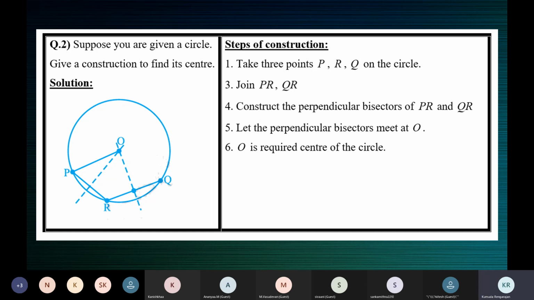So the point of intersection of the perpendicular bisectors of any 2 non-parallel chords of a circle is the center of the circle. How do you locate the center of the circle? It is the point of intersection of the perpendicular bisectors of any 2 non-parallel chords of the circle.